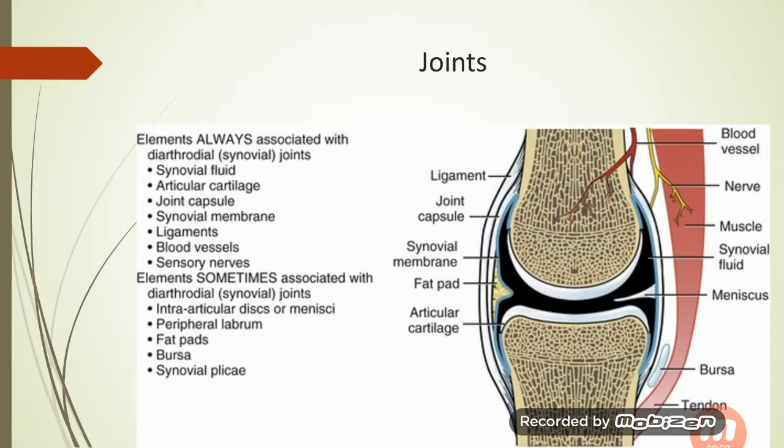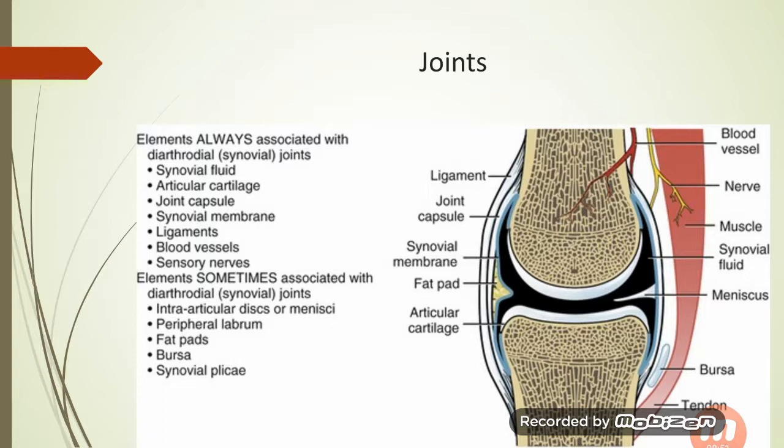Now you can see in the diagram the cavity which is of blue and black color lined by different membranes. This is called the capsule of dense fibrous tissue.